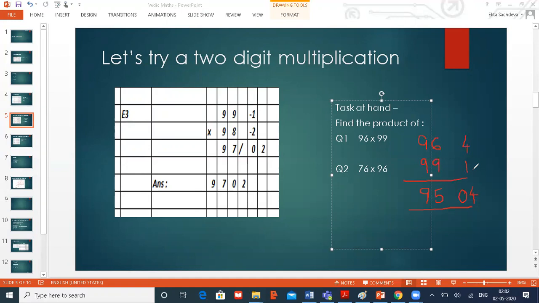It is 76 multiplied by 96. If you've done it, you should be getting 7296. Okay, I'm going to clear it. Now I have 76, and I'm going to multiply it by 96. Now, what is 96? It's 4 less. And what is 76?